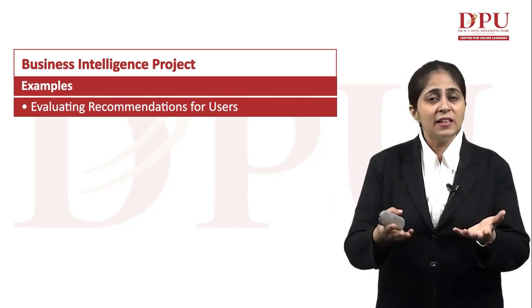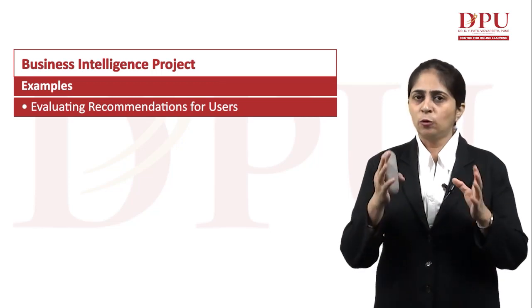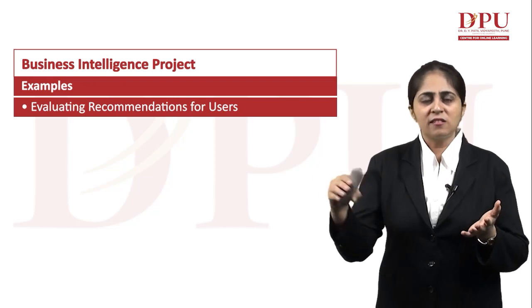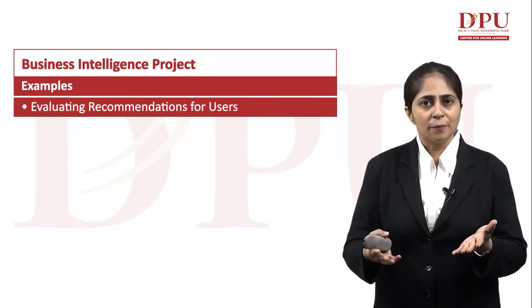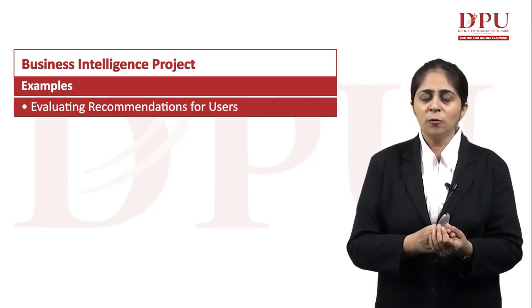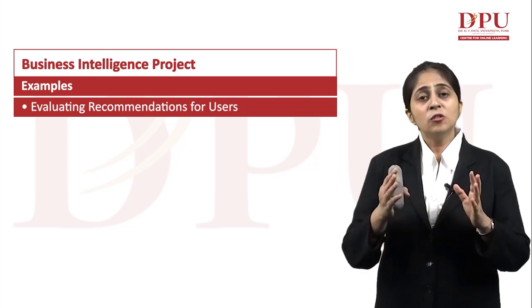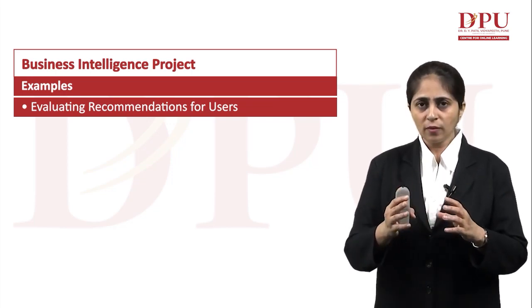Those movies will also be of your interest; if you like action or thriller movies, you will see a series of those kinds of movies, so you feel like watching them. Once you watch those movies, this benefits that particular app. That is why we evaluate recommendations for the users.